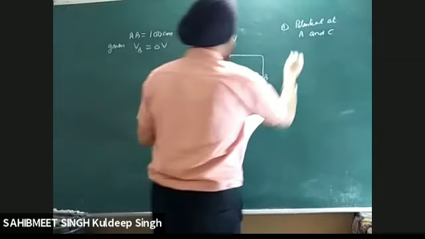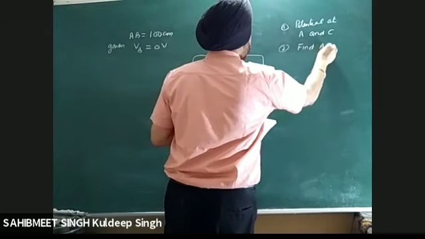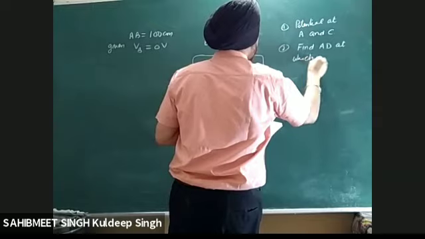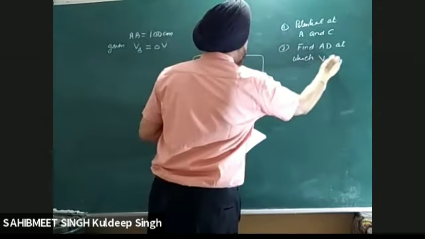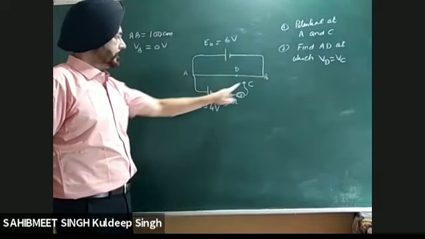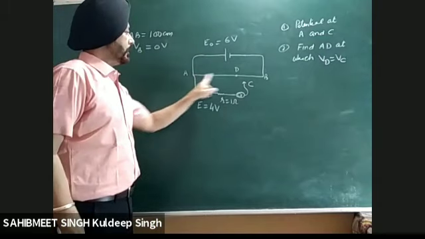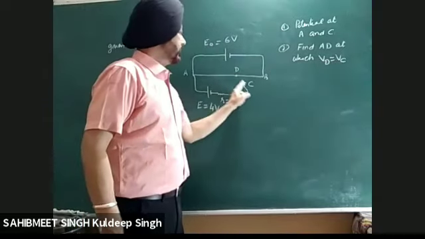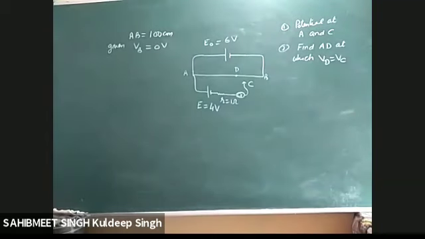Number two, find AD at which VD equal to VC. So for what length AD will the potential at D and C be equal? We have to find this one.